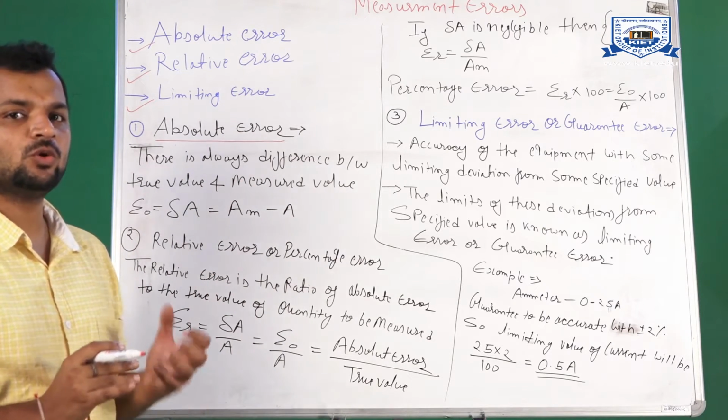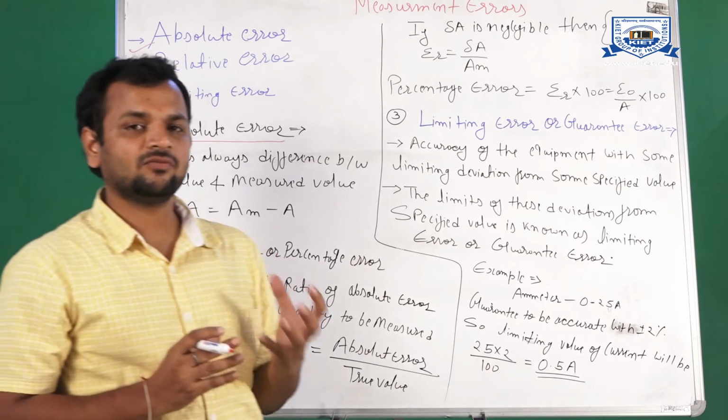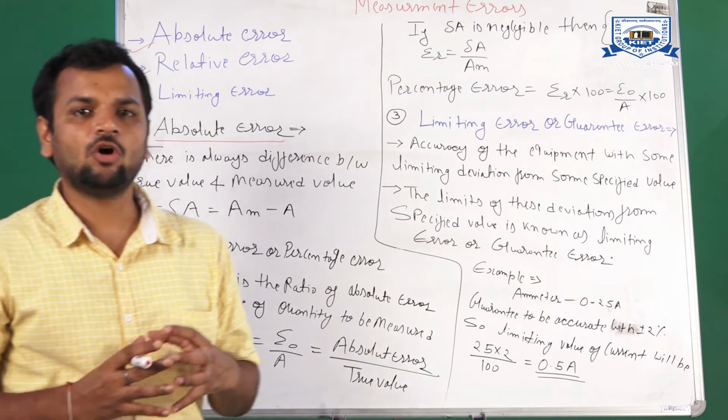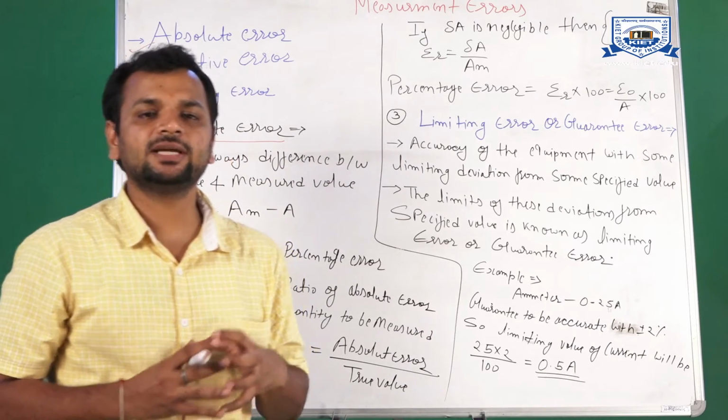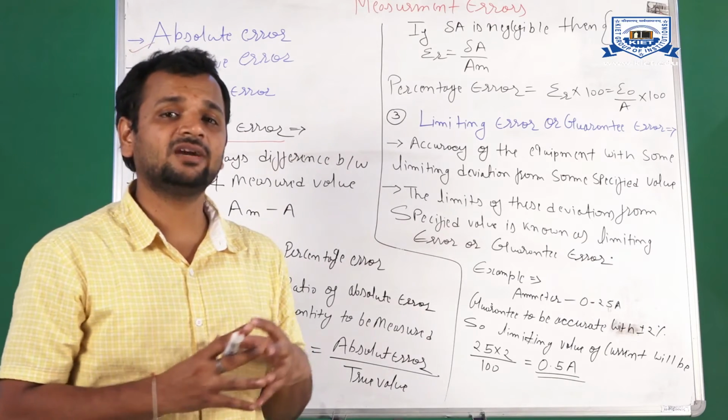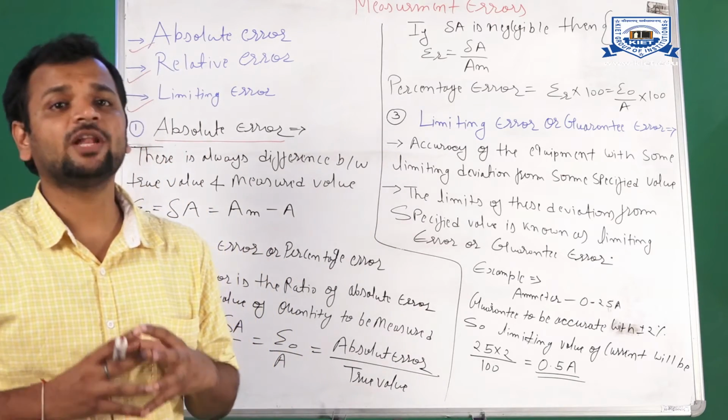As I told you in previous classes, when we are measuring some quantity, we are always comparing that quantity to a certain standard value, and that standard value is known as the true value.